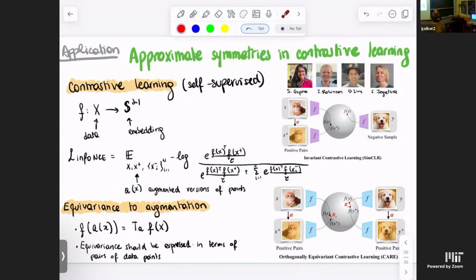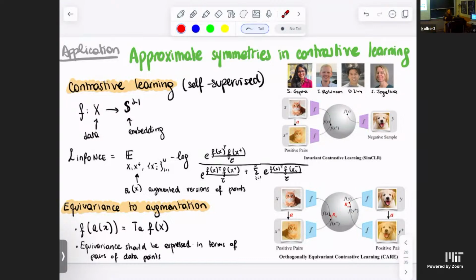Augmentations of images are transformations that change the image a little bit, but don't change the fundamental content of it. For instance, you have this cat and you make it a little bit more yellow. You do some blurring, some color jittering. There's a standard set of augmentations that people use in computer vision for self-supervised learning.